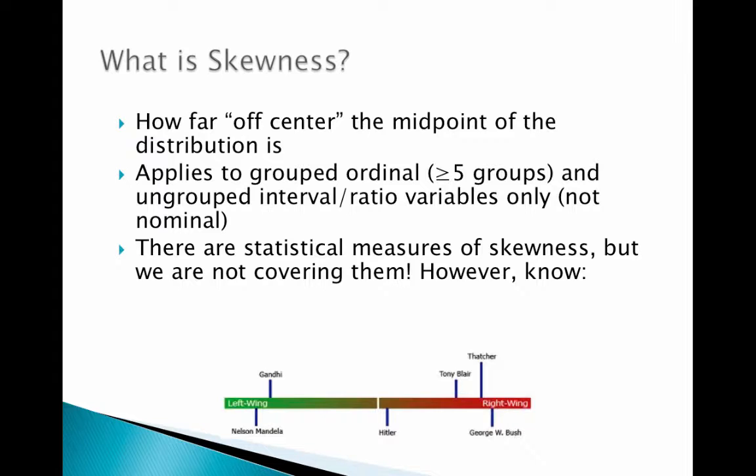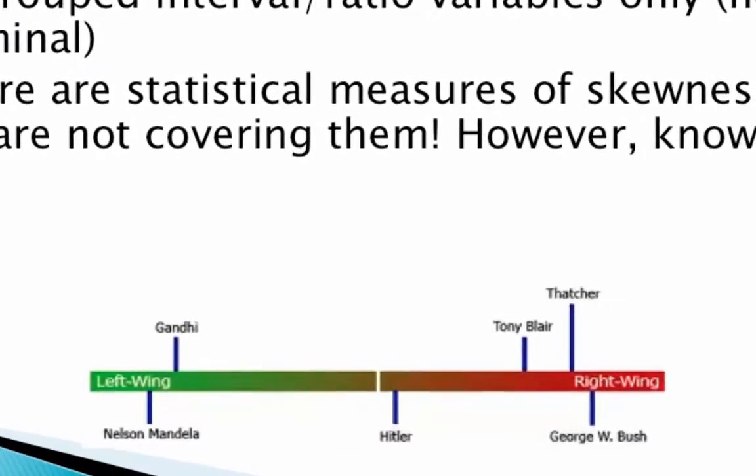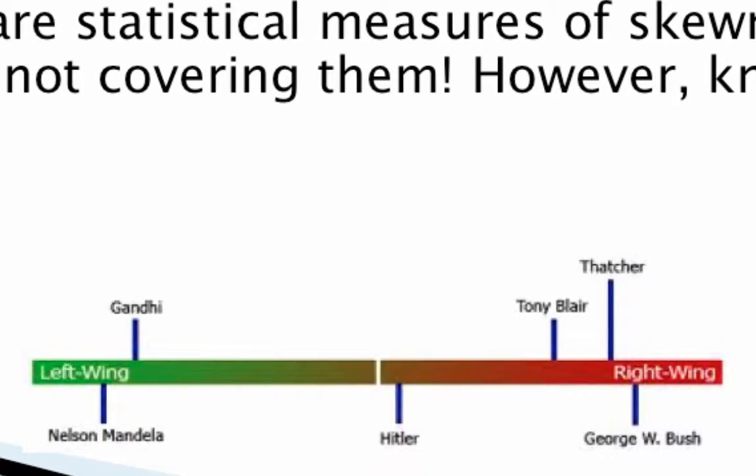And we can apply skewness to, again, grouped ordinal variables if we have 5 or more groups and it makes sense to interpret a mean, and to ungrouped interval ratio variables. Just think about it this way. You have political affiliation, right? You have left-wing liberals, and you have all the right-wing conservatives, and pretty much everybody falls in between in some spectrum.